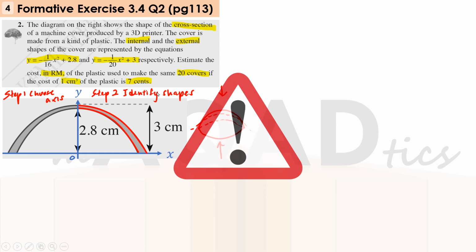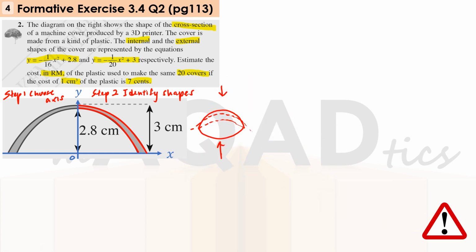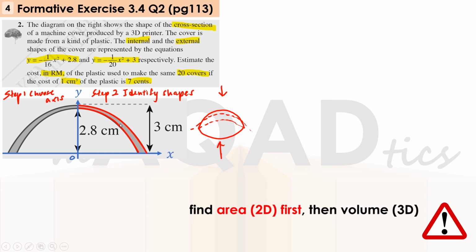So let's take a step back. To find volume, let's find the area first, the area of the shaded region. You see this area is actually in the middle of the graph, so we can use the big shape minus small shape way to help us find it. From the big shape, we have this external line, and we are using the y-axis, so we can find the area under this curve first.